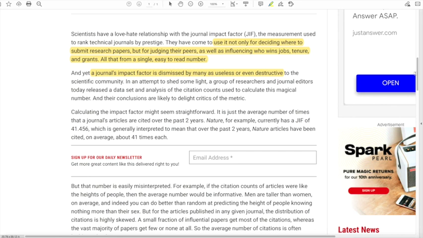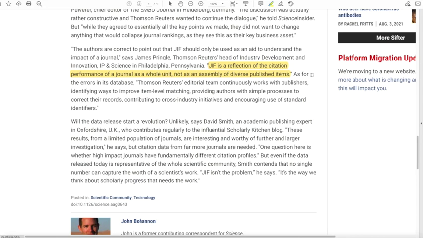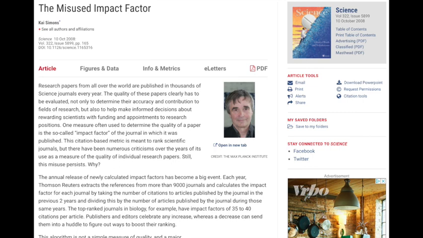So if we go deeper into this article, we see another quote. "The journal impact factor is a reflection of the citation performance of a journal as a whole unit, not as an assembly of diverse published items." In other words, you should not use the journal impact factor to evaluate single articles. It's only measuring the journal itself. Now let's look at some other articles that talk about journal impact factor. Here's one from Science that's titled The Misused Impact Factor.